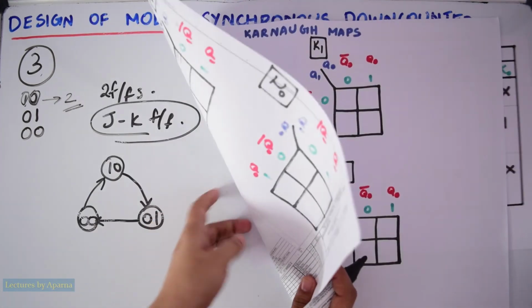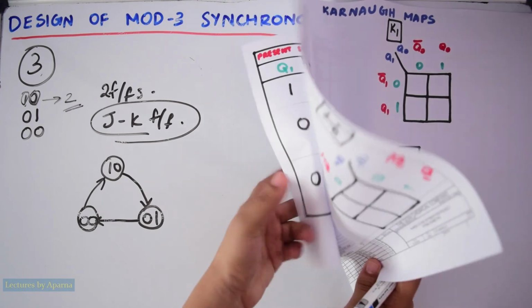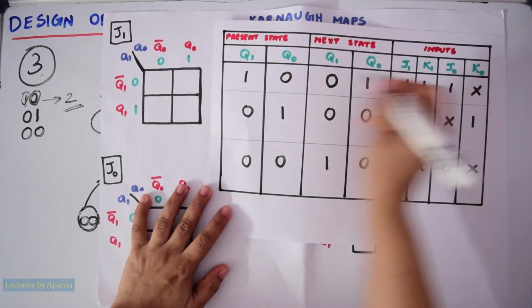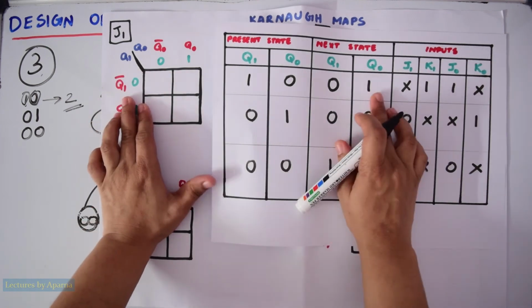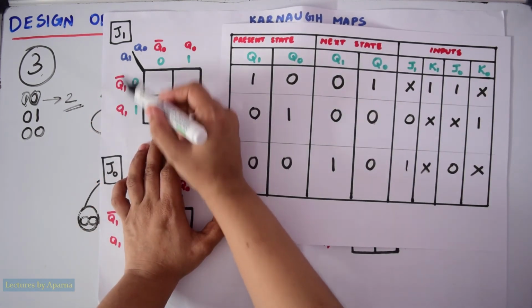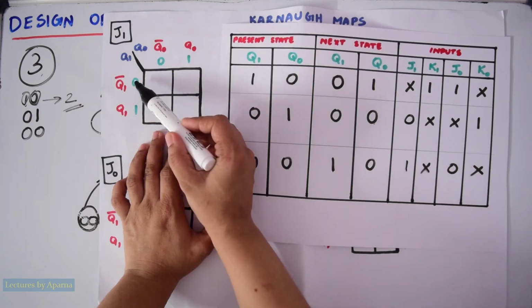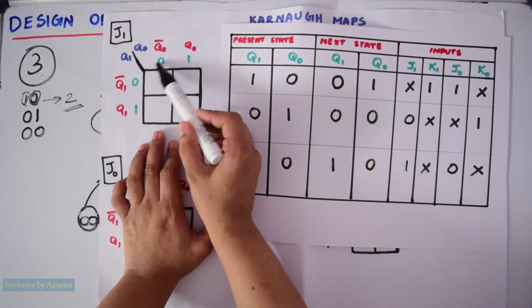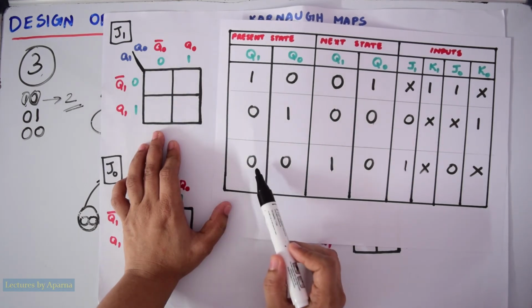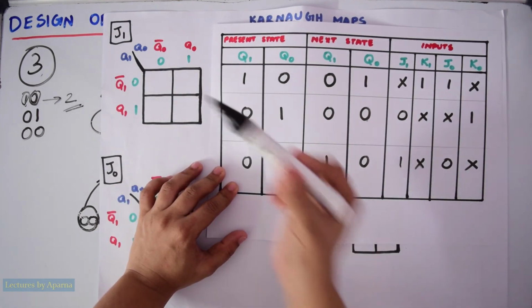We have to look at this excitation table and then fill the Karnaugh map. For J1, for the state 0 0, this is Q1, this is Q0. So when the combination 0 0 comes, this is the column. So in this column you have to put 1.